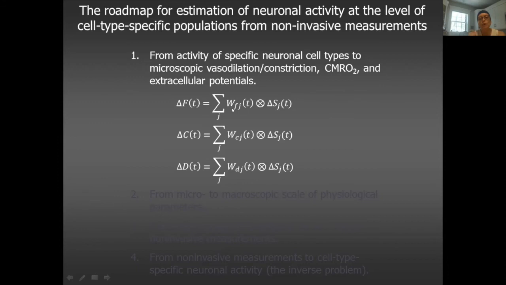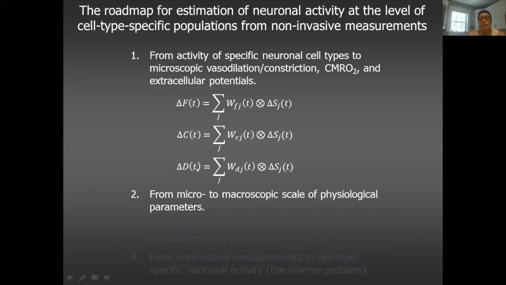For each one of those, we are looking for this population-specific transfer function, which is then convolved with the time course of activity of that specific population. This applies to flow, to oxygen metabolism, so this is C for CMRO2, which is cerebral metabolic rate of oxygen, and extracellular dipole moment.